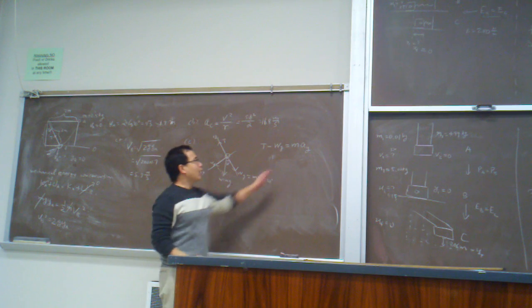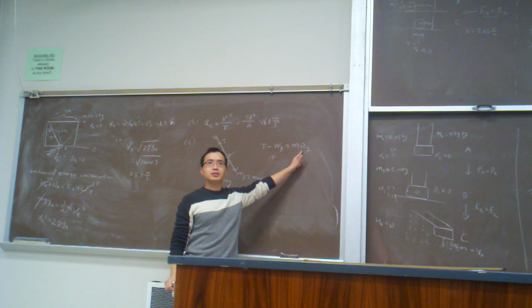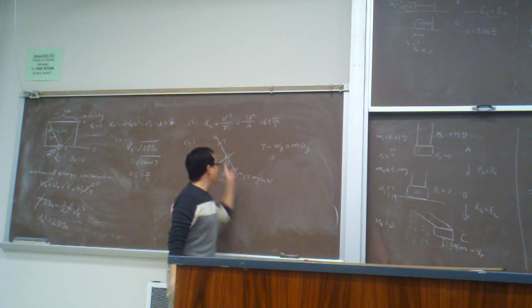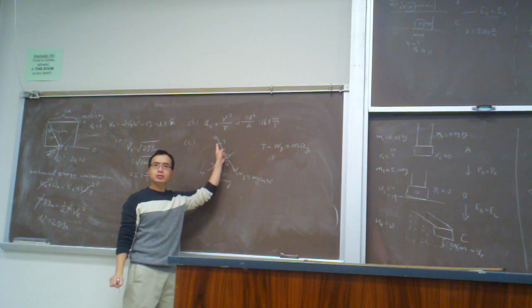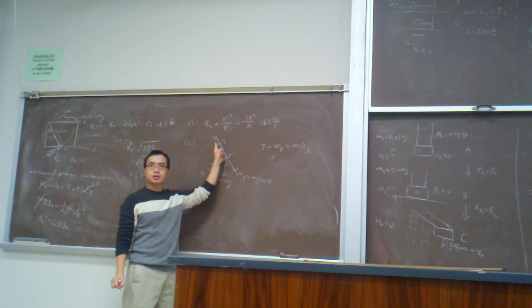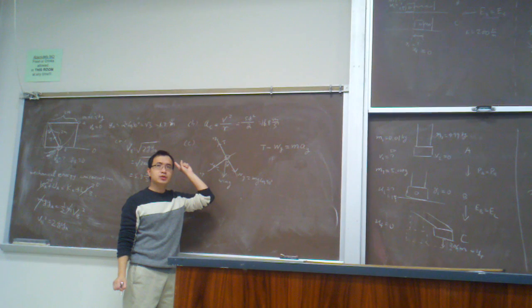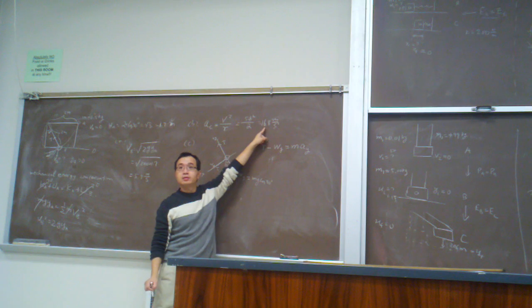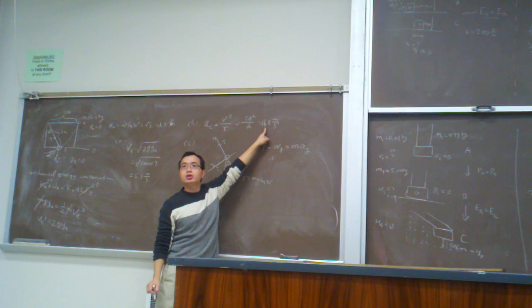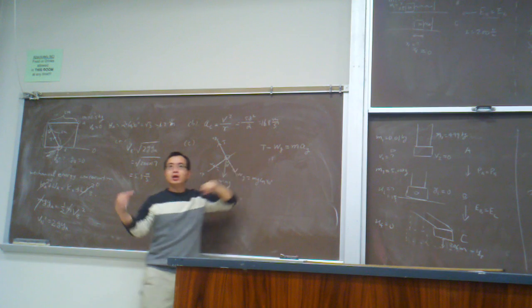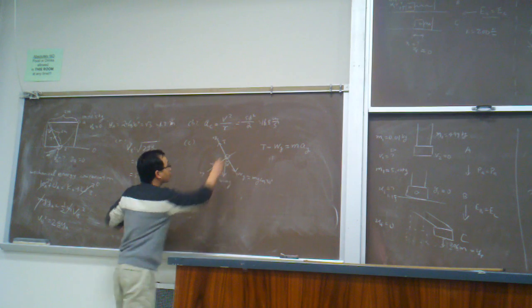And Ay, what's Ay here? Along that direction, what is the acceleration? 0? Is it 0? Think twice about that. Please note that this is not a linear motion, it is a circular motion.